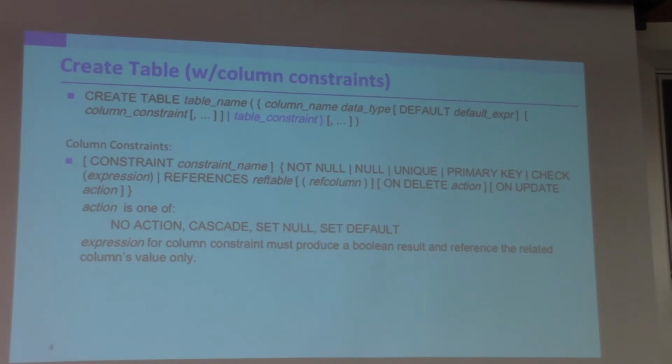Or if the table has some default value, maybe 0 or something, you can set that. So in case of no action, if you delete that course row with the ID, it doesn't affect the other table. If you do the cascade, when you delete that, the other rows in the other table that are referenced to that will also be deleted. And for the set null, we'll just set null values for them as the course ID.